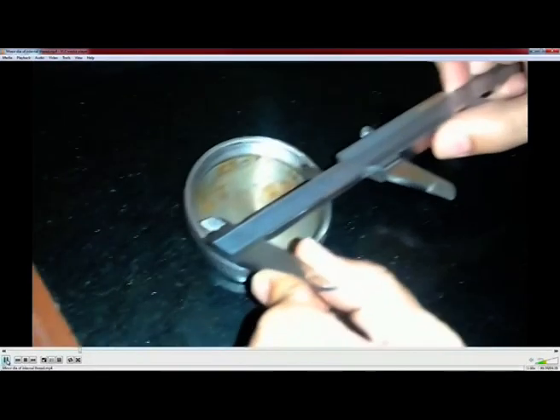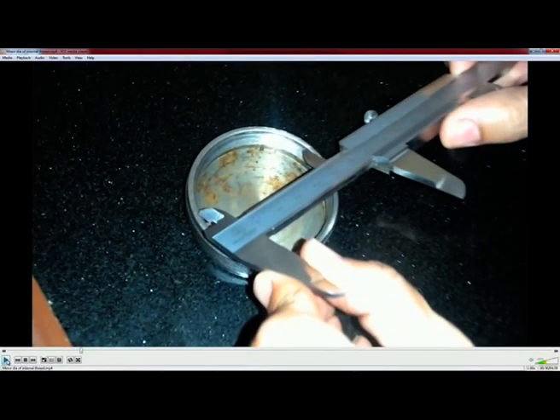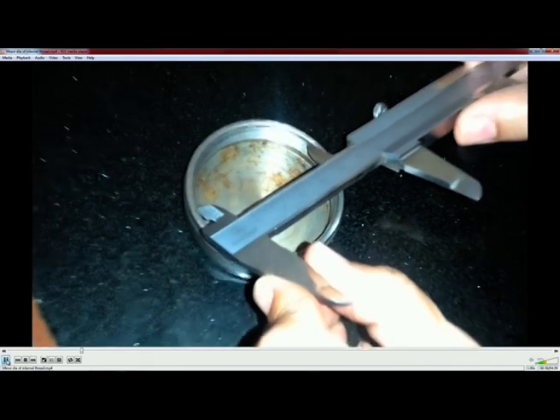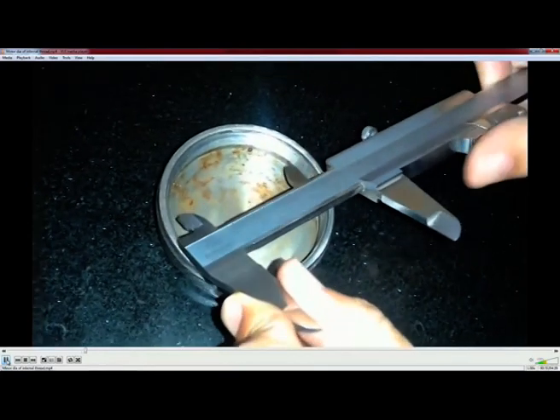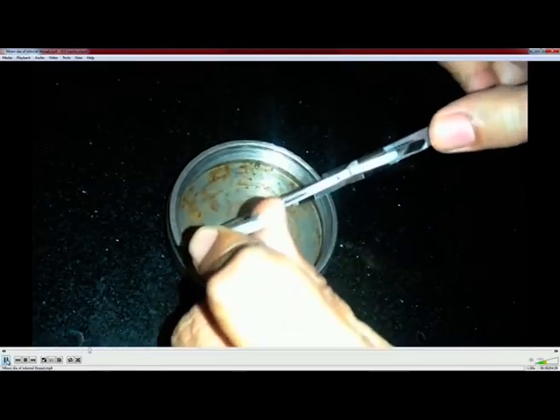Initially, we should measure the approximate minor diameter using a vernier caliper.